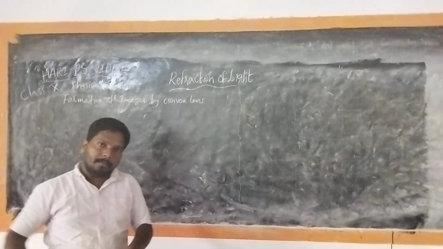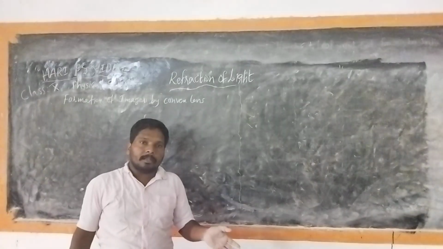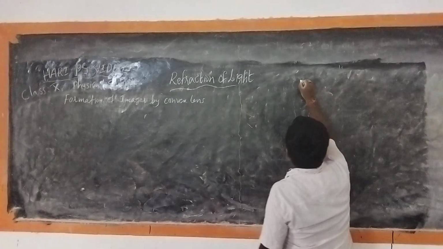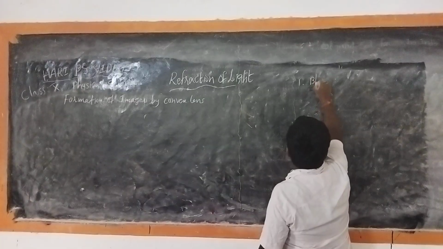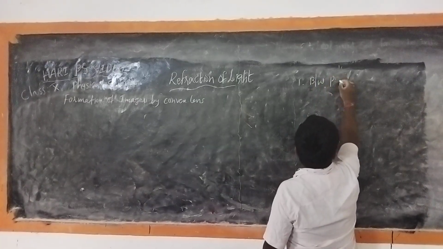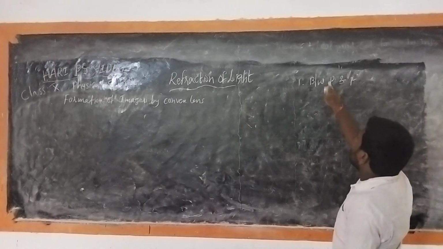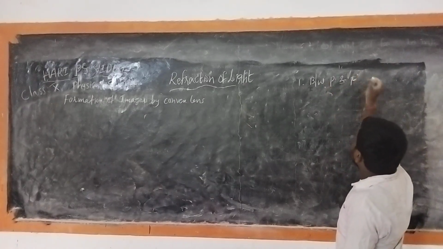So as usual, like a concave mirror, we have to place the object first between the pole and the focus; simply here also, between optic center and the focus.